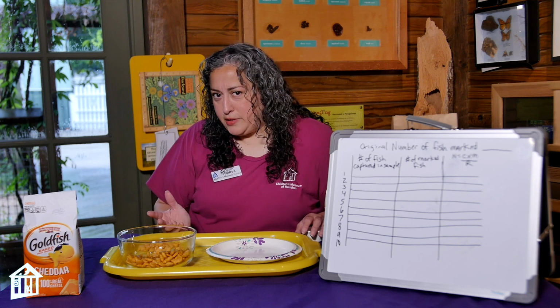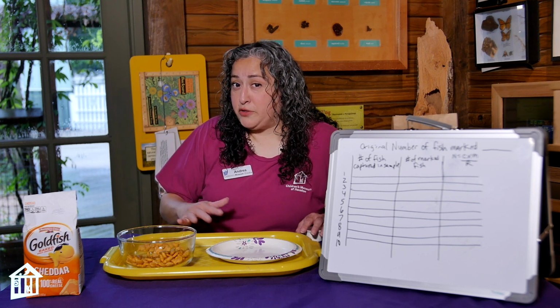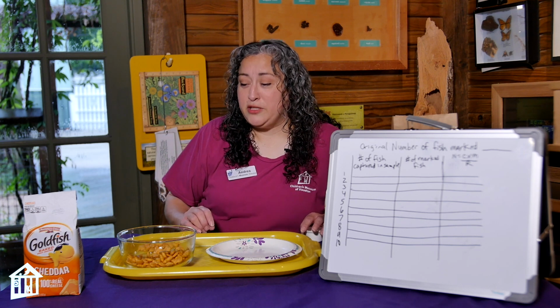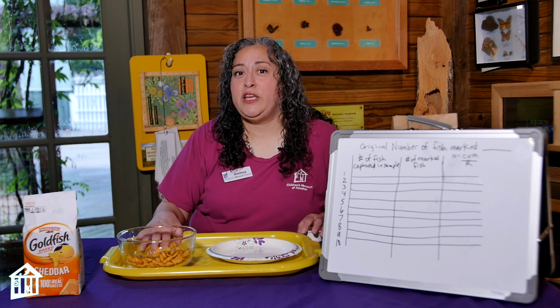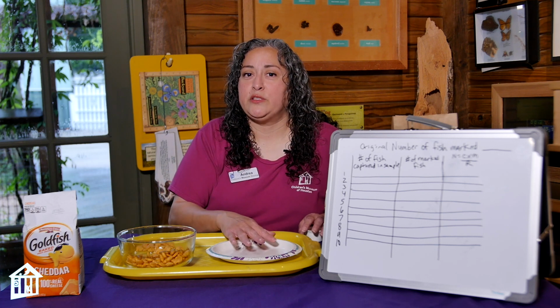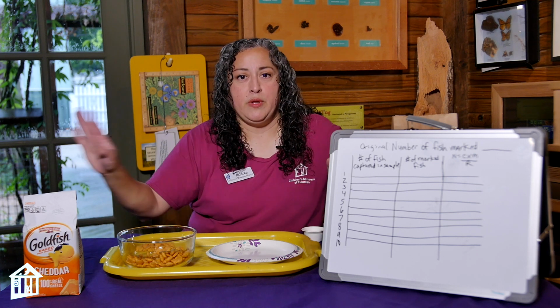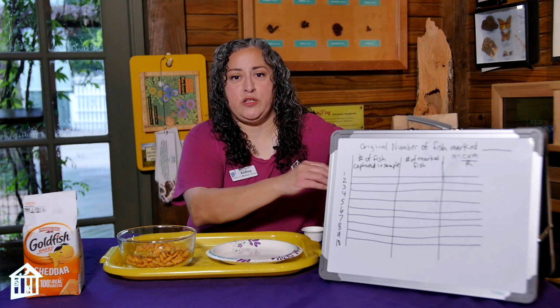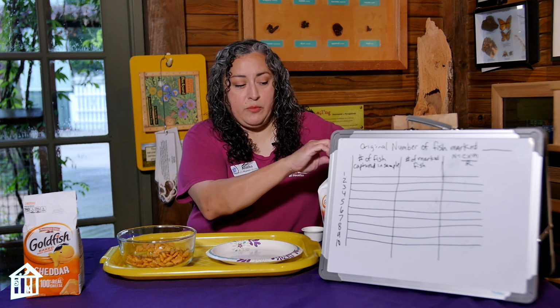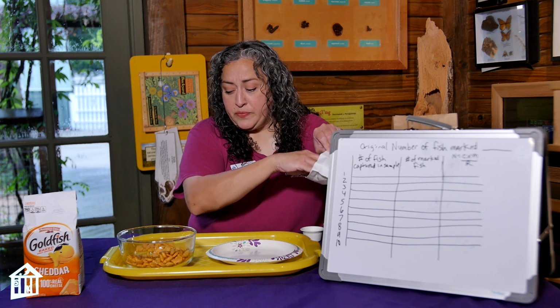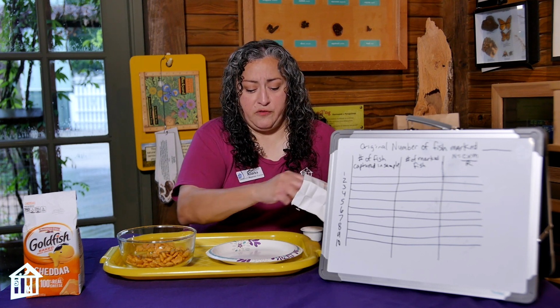Normally as a scientist I would say don't eat your science experiment, but you don't want to leave these anywhere where your counting is going on, so you can eat them, or put them on another table or throw them away, because you don't want to get them mixed up. Now I'm going to replace those 20 fish with colored fish.